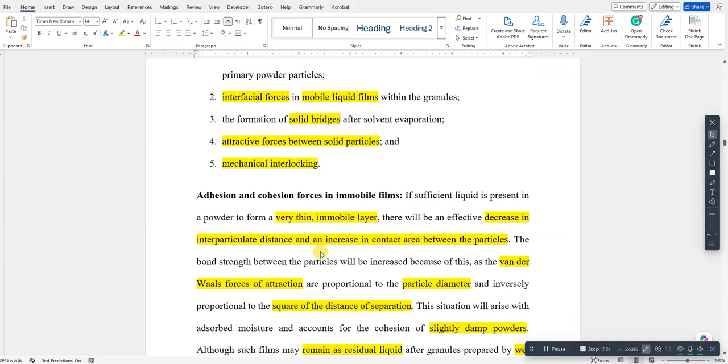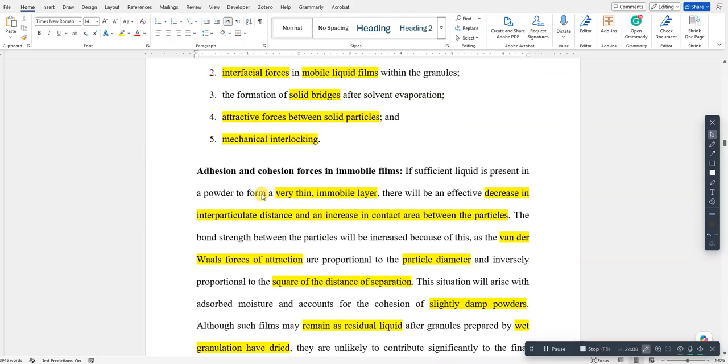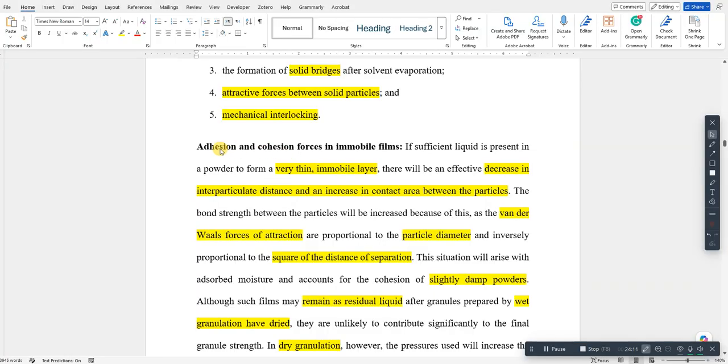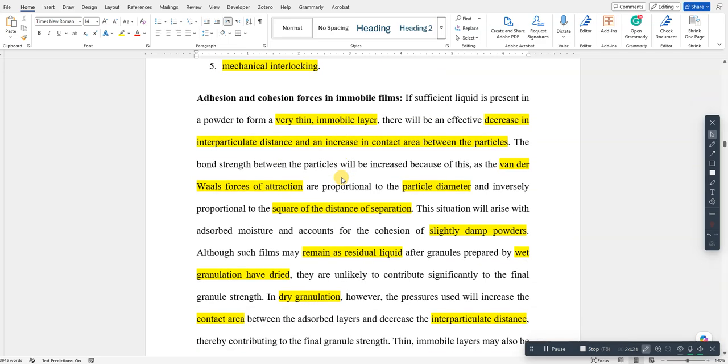So let's talk about each one of them. Adhesion and cohesion in immobile films. As I said, this is very thin. It's an immobile layer, usually after drying the granules or when you have a powder with some residual moisture.